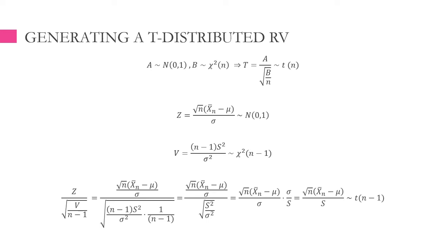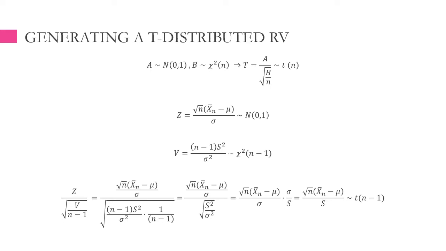Now, if you remember how the PDF of a t-distribution looked, we saw that as n goes to infinity, the t-distribution looks like a normal distribution.